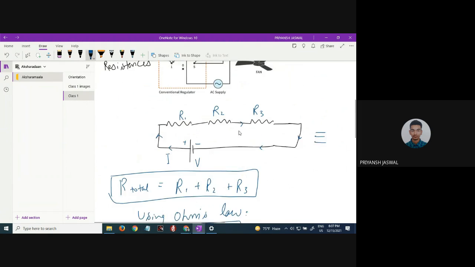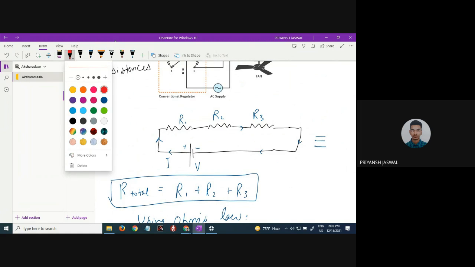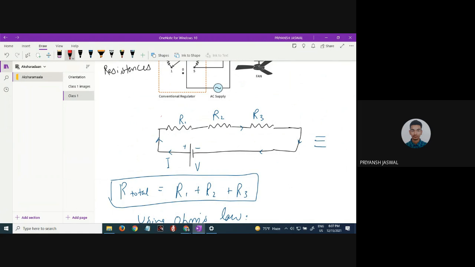That is, say the potential drop across R1 is V1, R2 is V2, and R3 is V3.